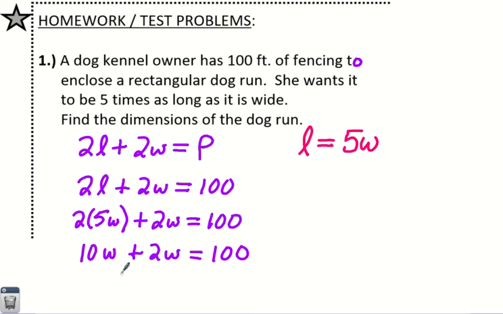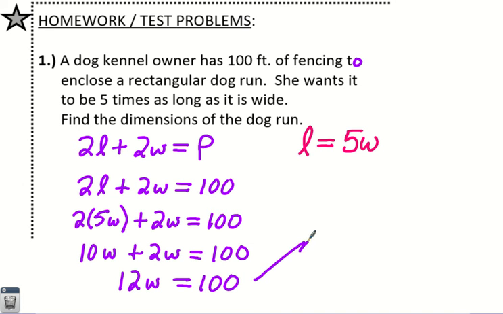10W plus 2W, you should make that 12W. And now we're going to be dividing both sides by 12. It's going to be a not so perfect answer here. 8.33, that's what I was afraid of. 8.333333 forever.